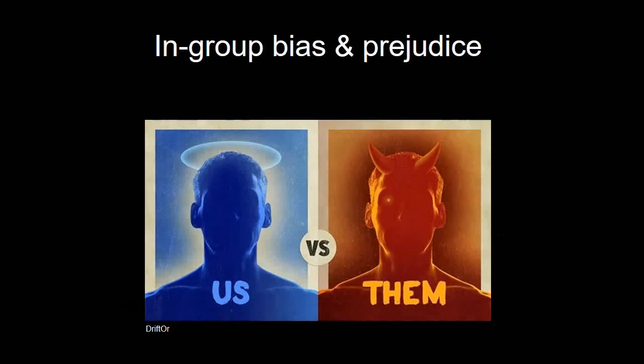And then another thing that we'll talk about is in-group bias and prejudice. Again, there's a huge amount of work in social psychology documenting people's inclination to preferentially cooperate with people that are similar to them and not cooperate, or even be spiteful, towards people that are different.